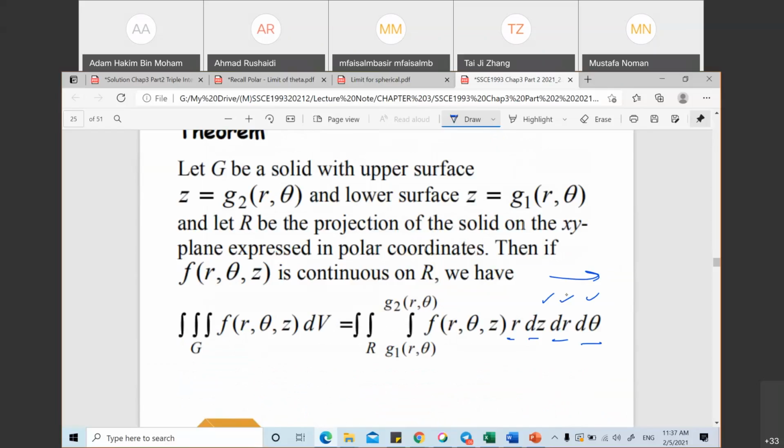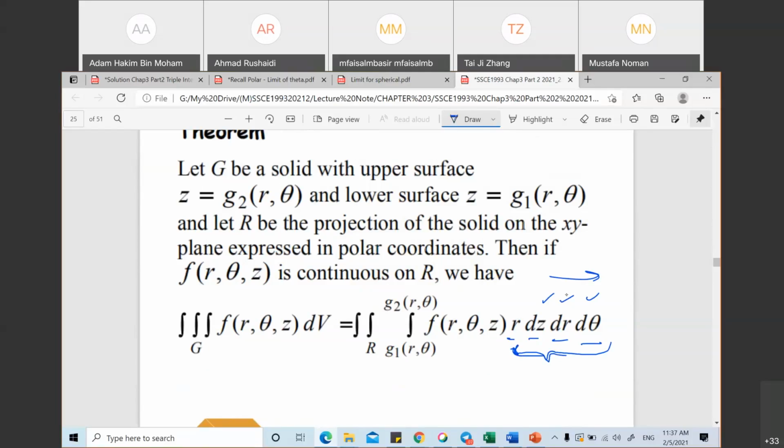For Cartesian, maybe you have a lot of types, 3 types, but you can split into 2, so 3 times 2 will be 6 different ways. But for cylindrical or spherical, you just follow the element of the integration. Actually, this is dv. Your dv will become r dz dr d theta.